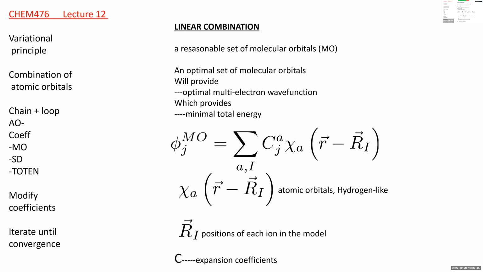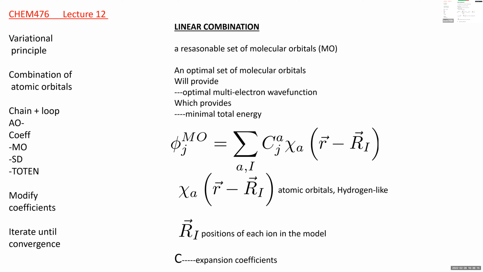Basically, when in the lab you are doing formchk and cubegen, you are doing a transition from this C_AJ towards a molecular orbital that depends on position, because these C coefficients are much more compact. If you have, let's say, 10 or 100 orbitals at each ion, meaning all diffuse, all complicated things, and like 10 ions, it will be just 1,000 coefficients.